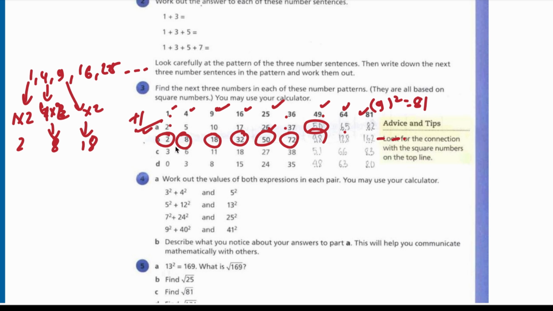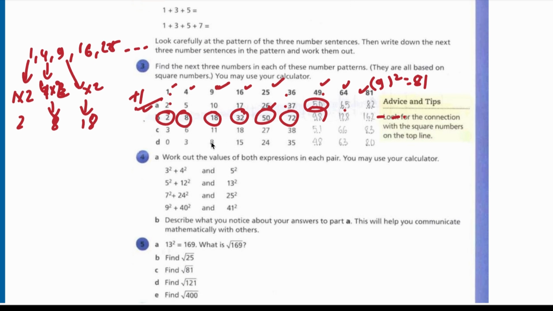Okay, now look at the third one. What is happening? Okay, so now look at the C one. What is happening? Look at the first row. 1, 4, 9, 16 and so on. They are just adding plus 2.